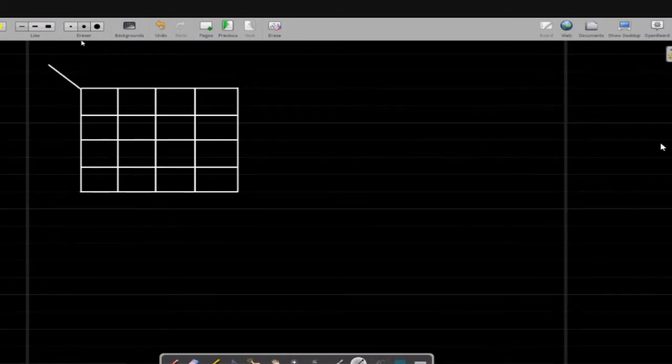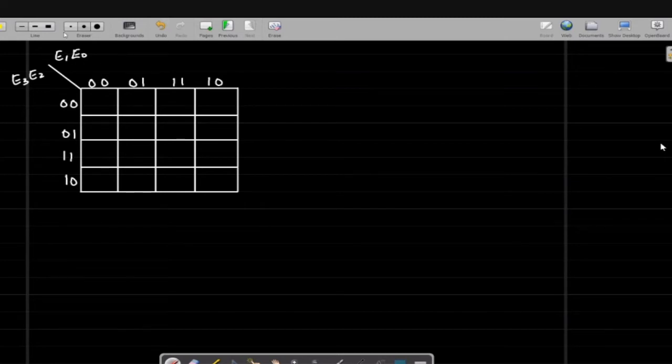So our input variables are E0, E1, E2 and E3, and we can also write the possible combinations with these two, E0 and E1, which are 00, 01, 11, 10, and similarly here 00, 01, 11 and 10.